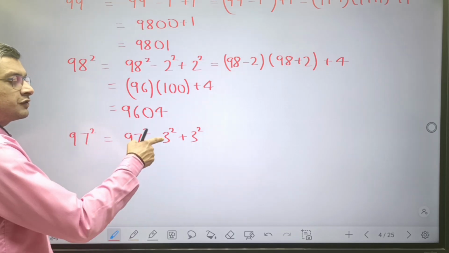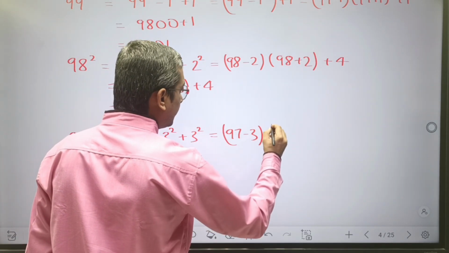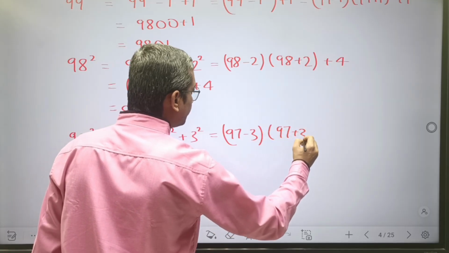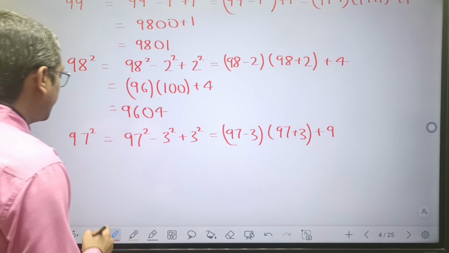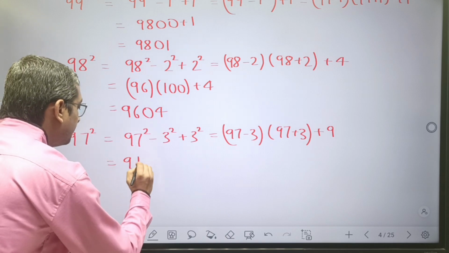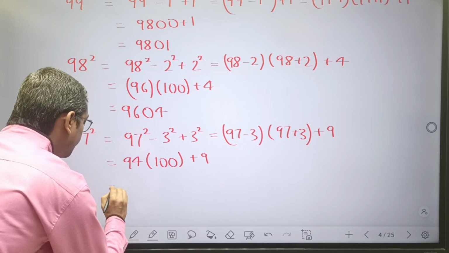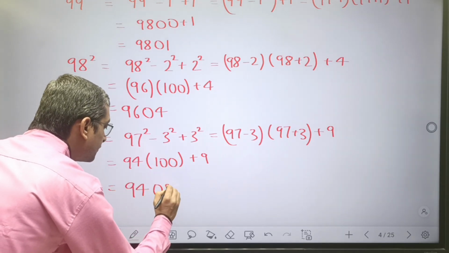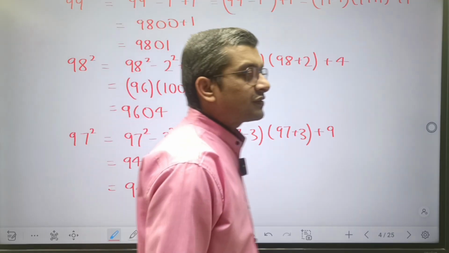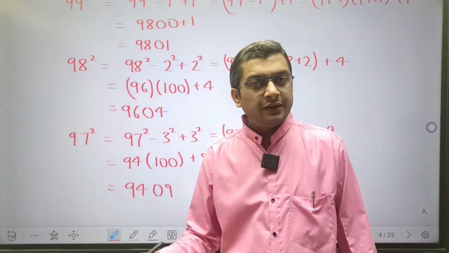This 97 square minus 3 square can be written as (97 minus 3)(97 plus 3) and plus 9. So 97 minus 3 is 94. 97 plus 3 is 100, plus 9. So this will be 9400 plus 9, that is 9409. So this is a kind of trick you can use for the numbers 91 to 99.